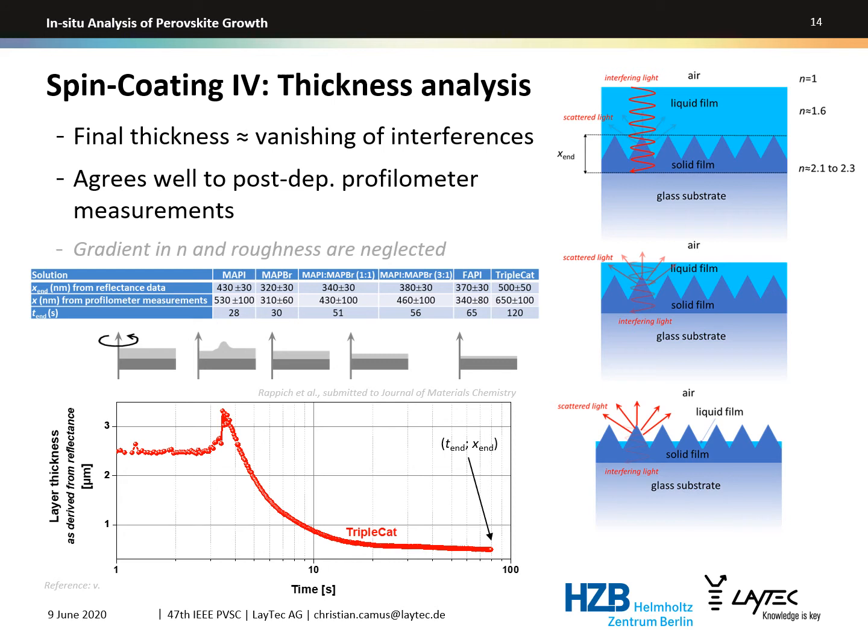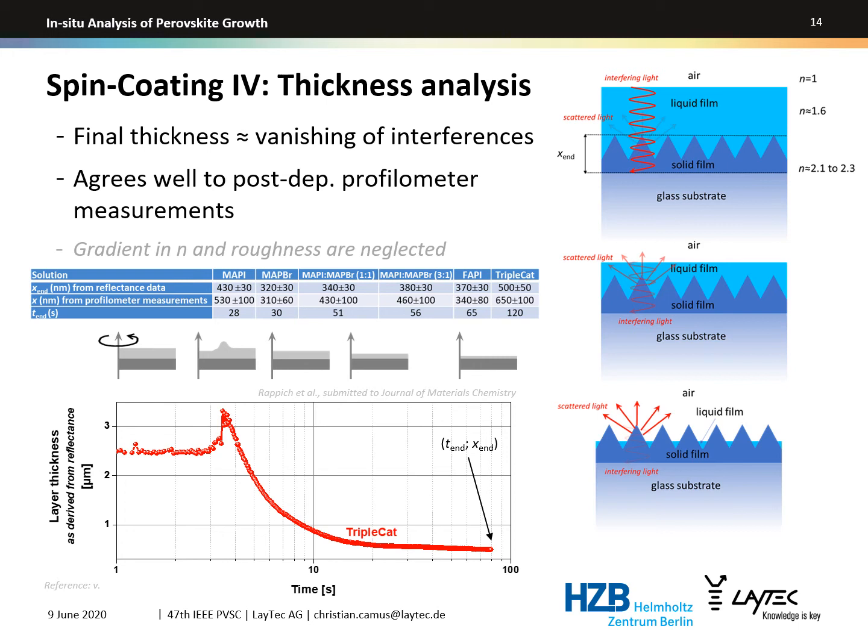And it turns out that this thickness agrees very well to post-deposition profilometer measurements, which we did after completion of the process. So usually we have some 100 nanometers film thickness, and within the margin of error, both measurements agree quite well.